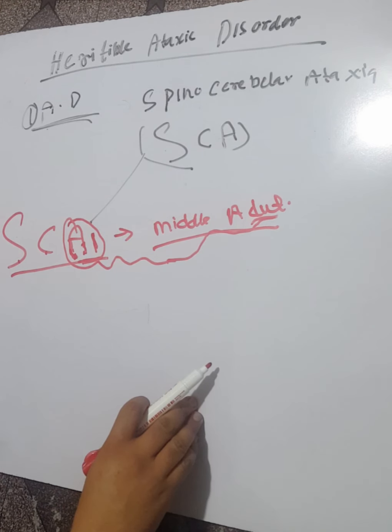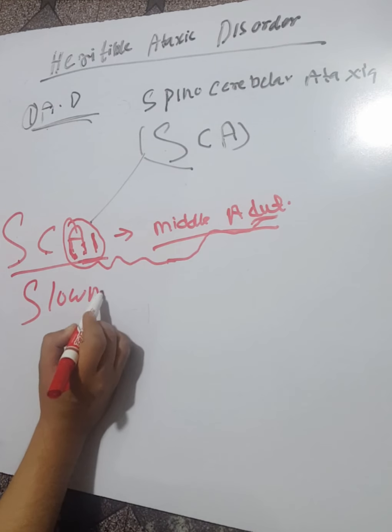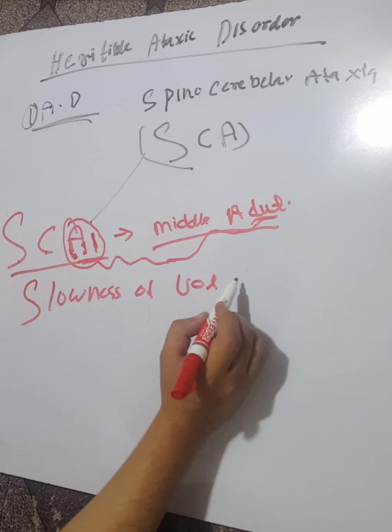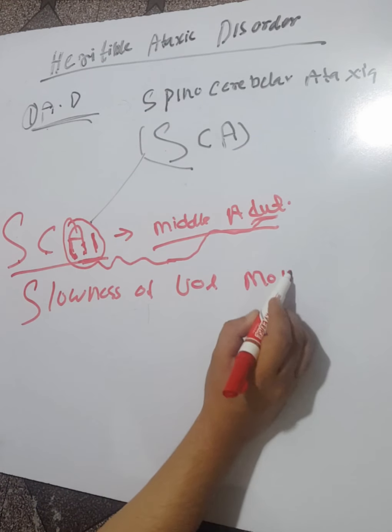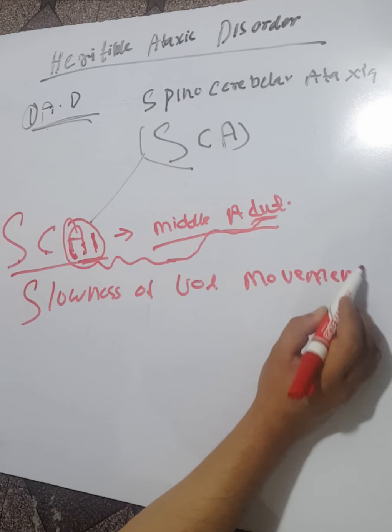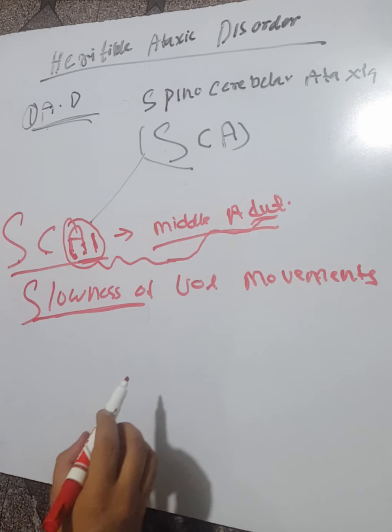The symptoms of SCA1: there is slowness of voluntary movements. The voluntary movements of the patient in cases of SCA1 become slowed.